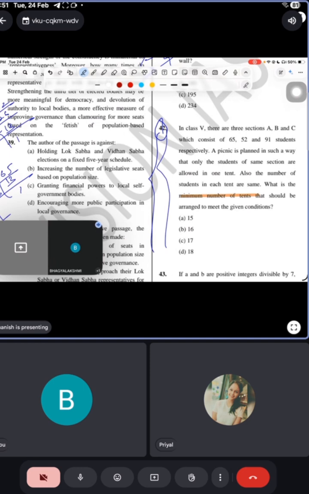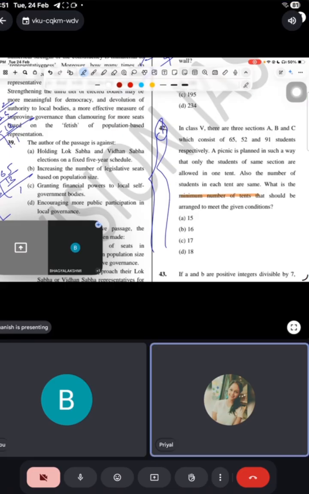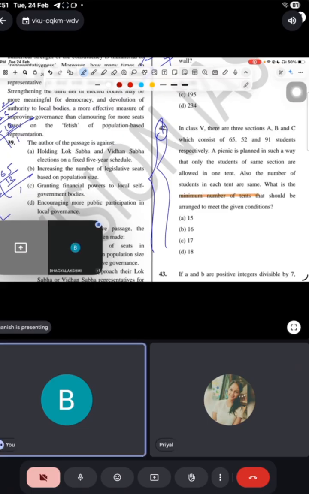Also, the number of students in each tent is the same. What is the meaning? So should it be the same HCF or the same LCM? The HCF should be there, right, Manish?